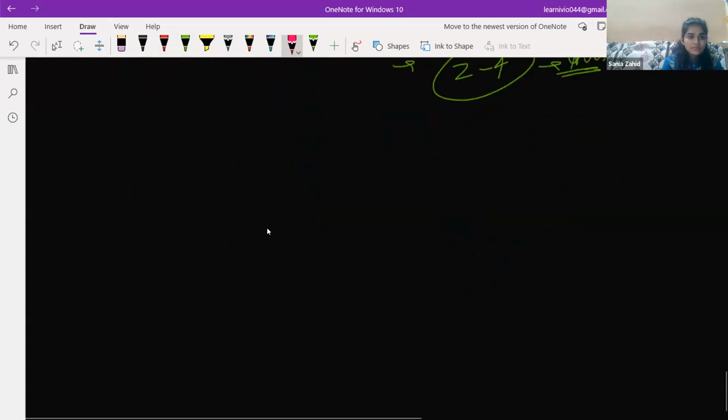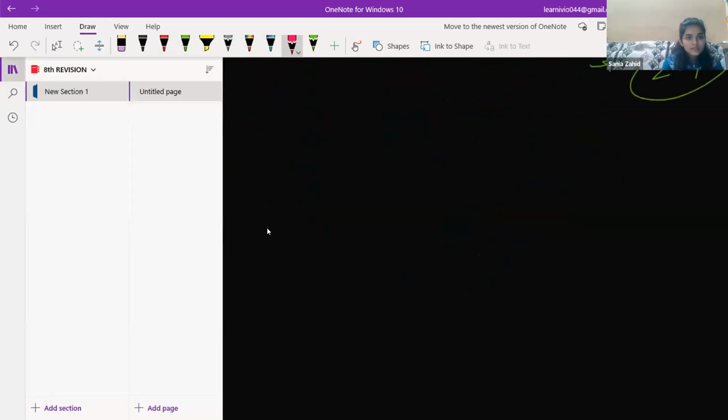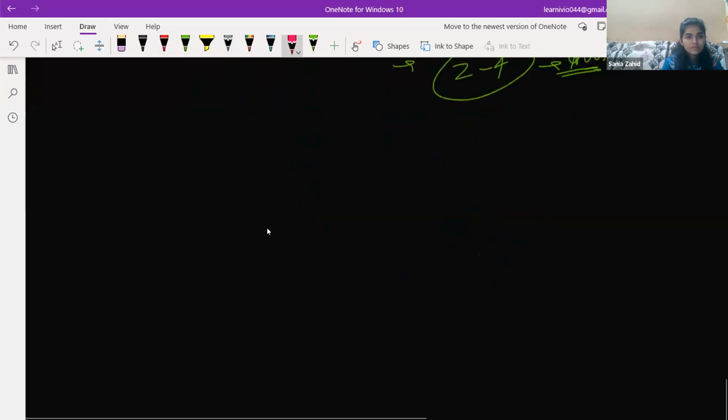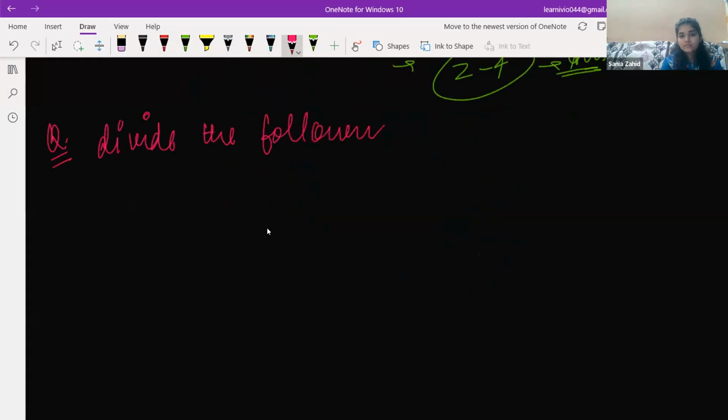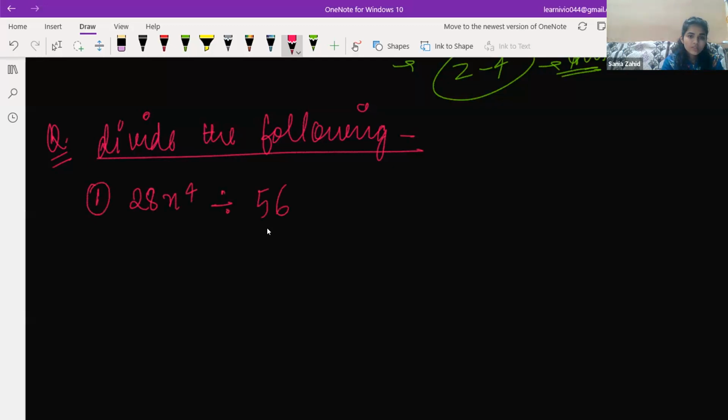We have the question. First question is divide the following. 28x to the power 4 divided with 56x. Second is 12a to the power 8 b to the power 8 divided with minus 6 a to the power 6 b to the power 4.